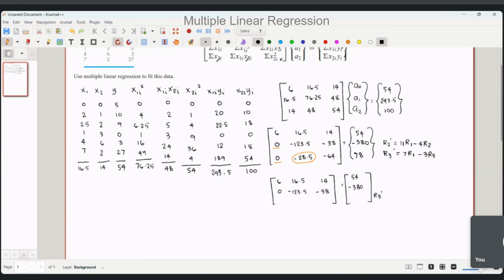Okay. What is the new equation for our R3 to make second column, row 3 zero?